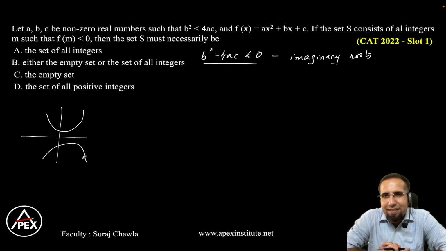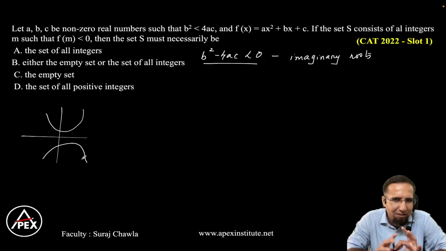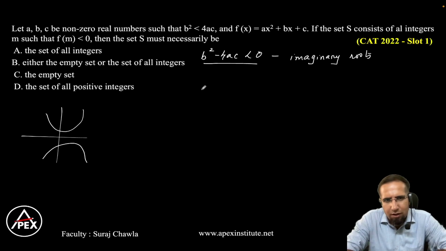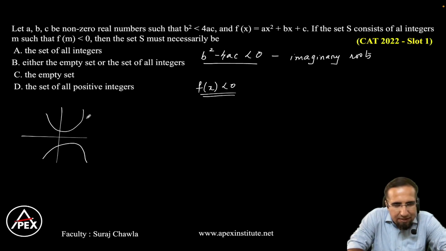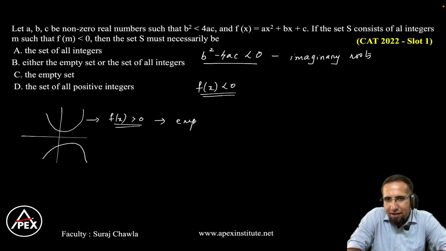Right, a set S consists of all the integers m such that f of m is less than 0. Then the set S must necessarily be what? f of m less than 0, that means I want f of x to be less than 0. Now, if I take this case, clear? In this case, f of x is always greater than 0. If f of x is always greater than 0, that means in this case I will always have an empty set.